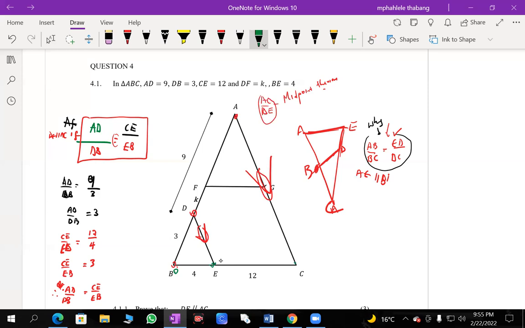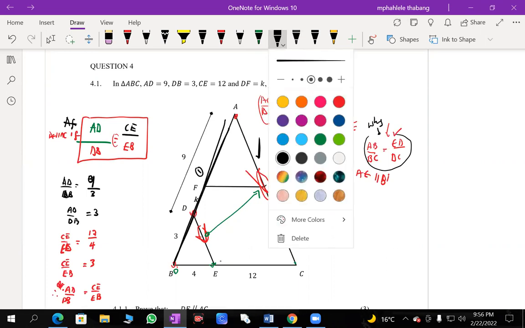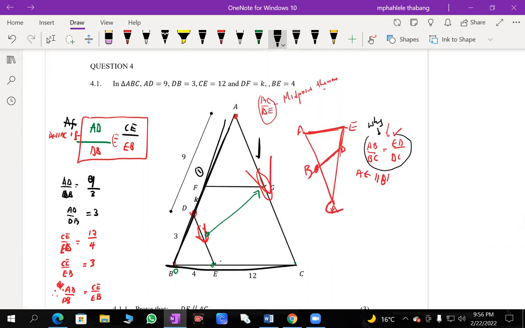If a line is drawn parallel to one side of a triangle, it divides the other sides in proportion. So focus on the other sides, which I can call side 1 and side 2.